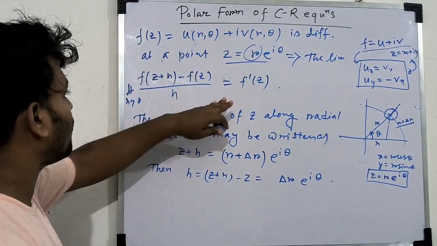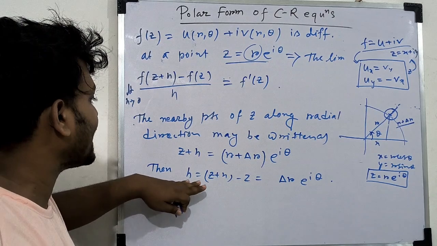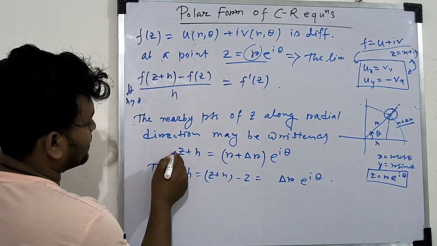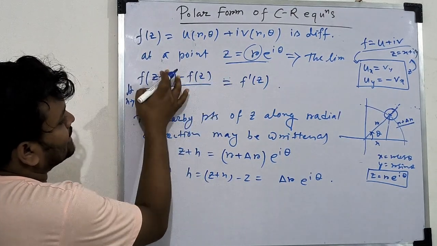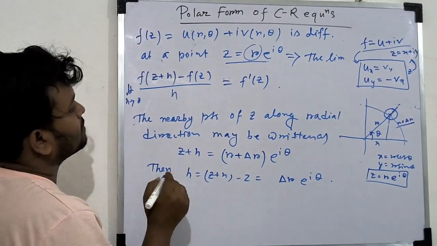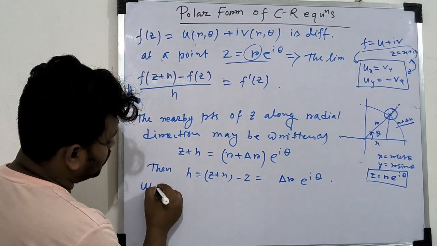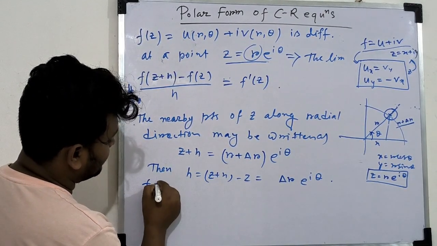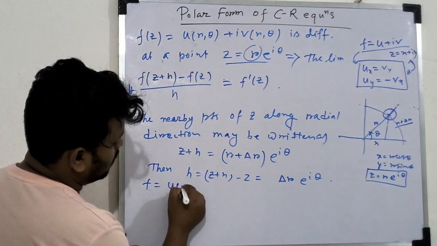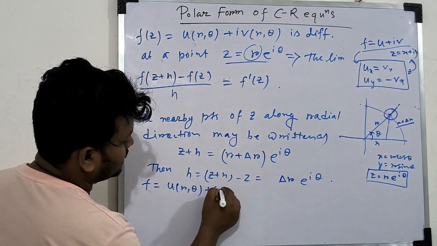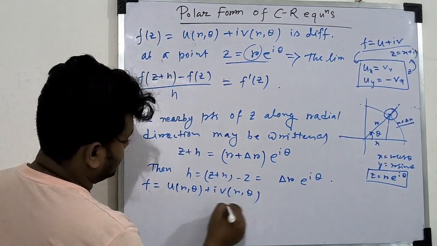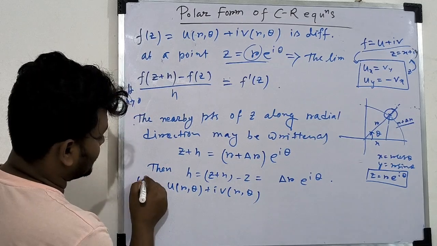So now we find f'(z). Now we put this h, z + h for z. This is the function value at z and this is the function value at z + h. The function f was u(r, θ) + i v(r, θ) at the point z.